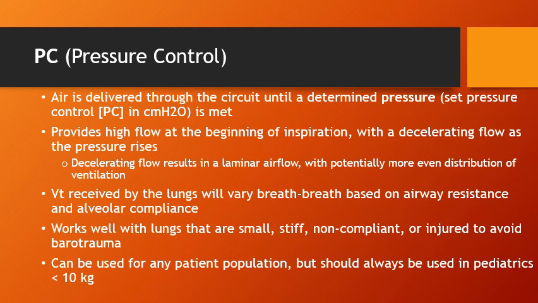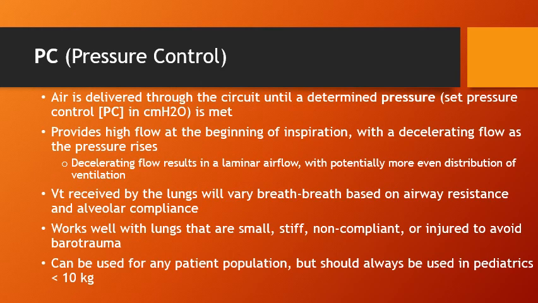Therefore, you're not going to be able to blow much air into those lungs. So the tidal volume, breath to breath, will change in pressure control breath type. The pressure that the lungs feel is going to stay the same, breath to breath, but the tidal volume changes breath to breath.